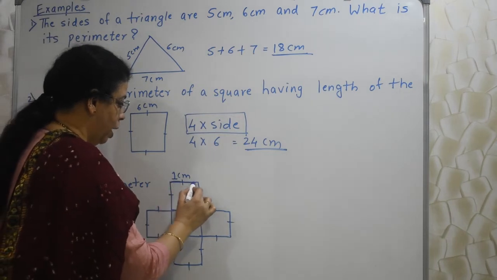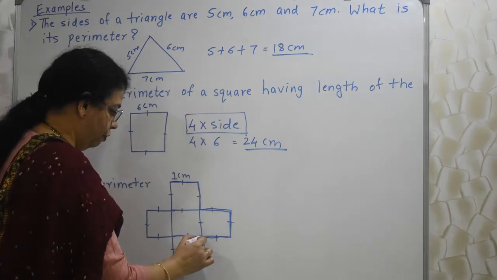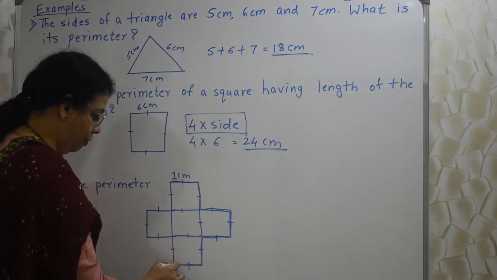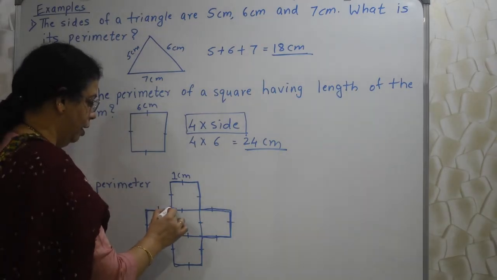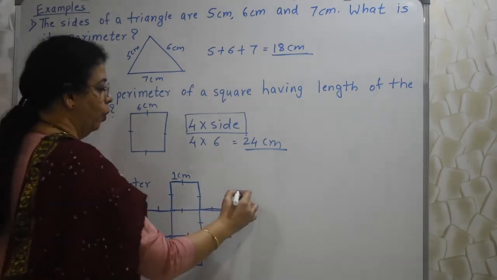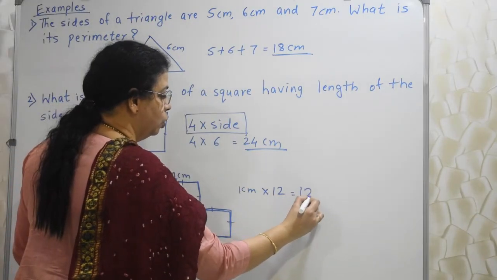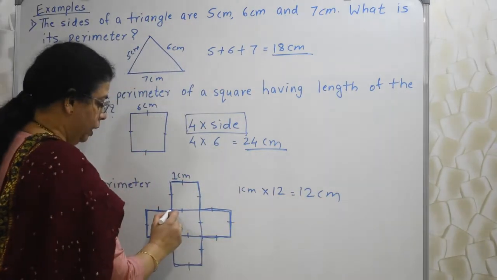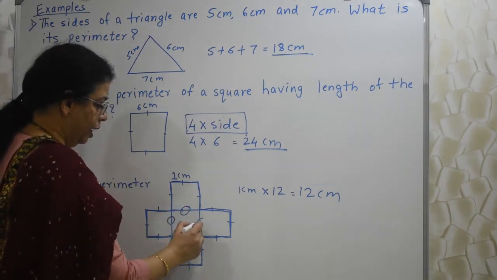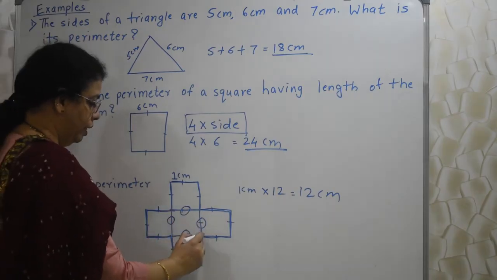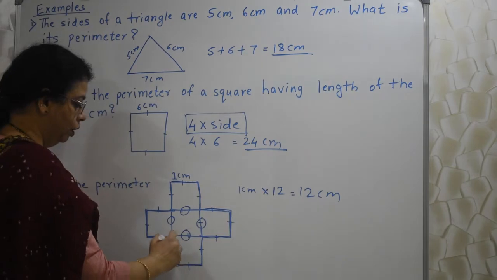So this one is 1, 2, 3, 4, 5, 6, 7, 8, 9, 10, 11 and 12. So 1 centimeter into 12 sides. So it is 12 centimeter. Please don't take this line, this line, this line and this line. These 4 lines are inside. You are supposed to take only the outer boundary.